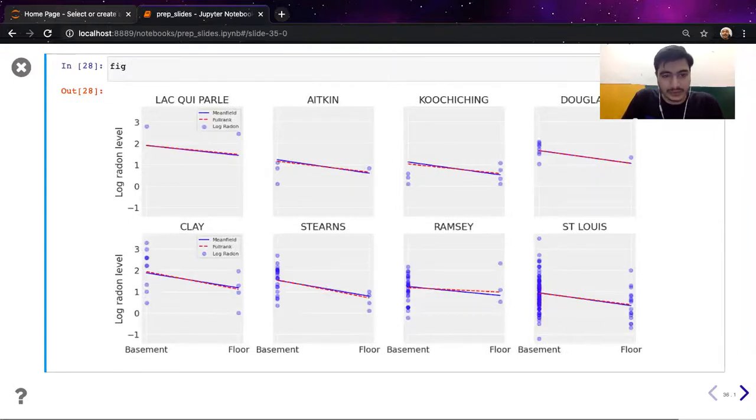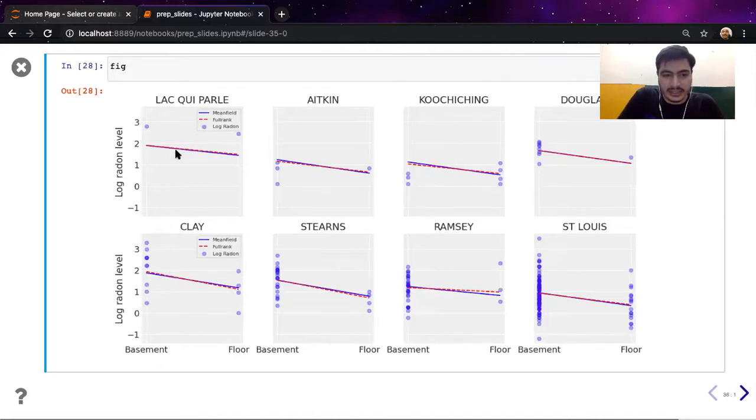I'm going to show this figure to demonstrate the power of hierarchical modeling. For a certain number of counties or groups where we do not have enough data, we fit the model, and we approximate the parameters for those particular counties or groups close to the population parameters.